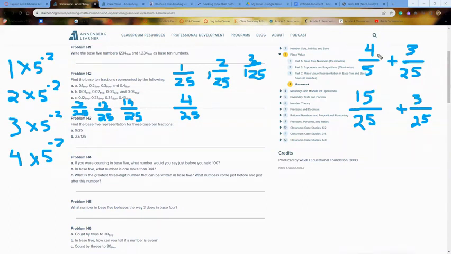Now, I know I had to multiply both of these by 5. This will turn into 20 over 25. And then we add these up together, and this will be 23 over 25. Okay?